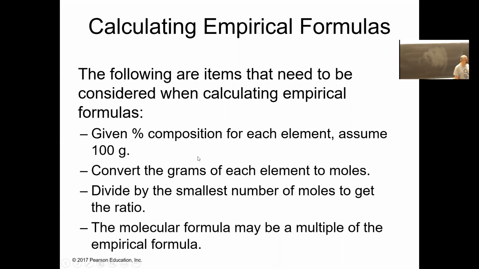Okay, so if we're given percent composition, it's so many percent carbon, so many percent hydrogen, for example, and if there's oxygen, so many percent oxygen. We assume that there's 100 grams of that compound. And then we would convert the grams of each to moles.